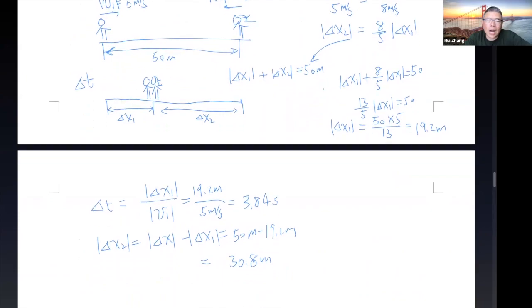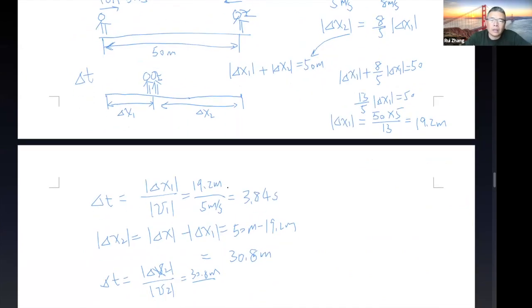Now you can check that delta t should also equal delta x2 divided by v2. So 30.8 divided by 8. This should give you the same thing.